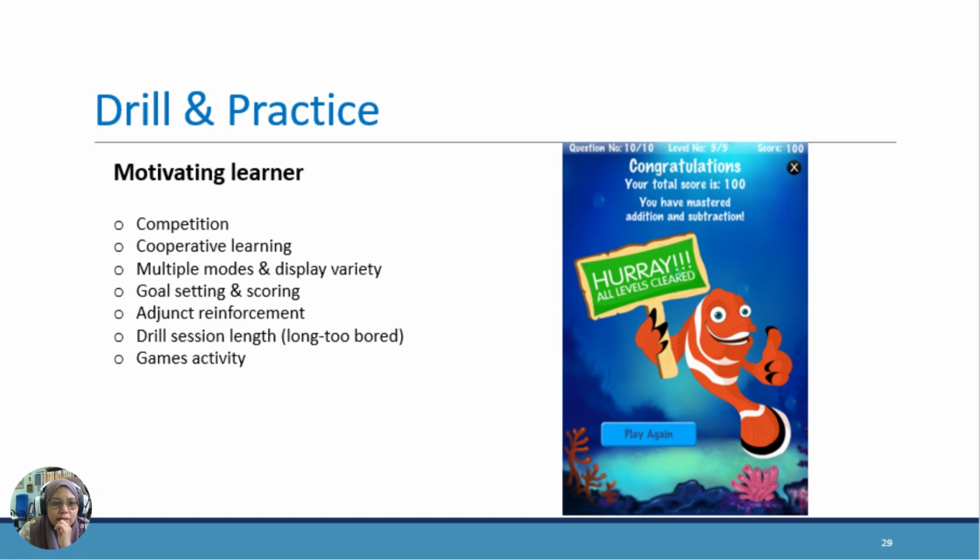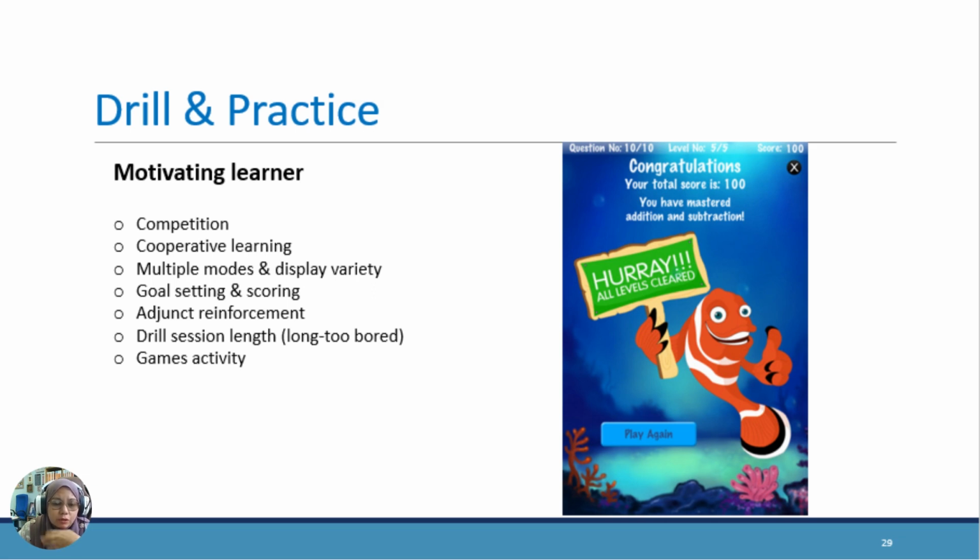We can also motivate our students when the drill and practice has goal setting and scoring. When we set how many marks they have to achieve, they will feel motivated.